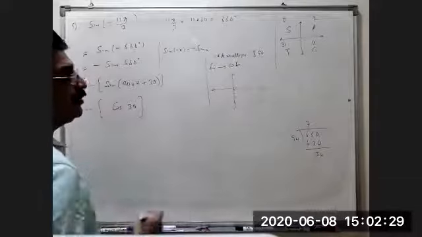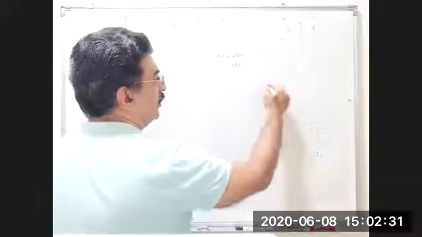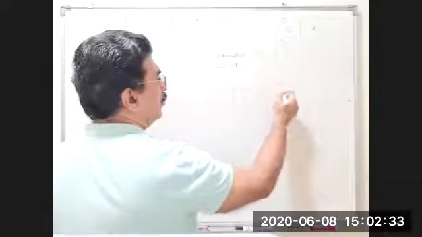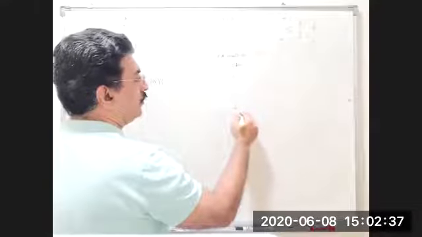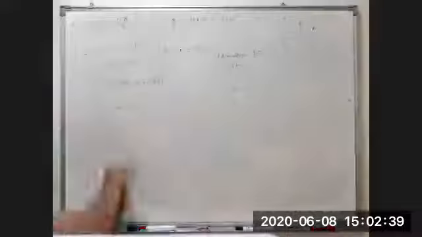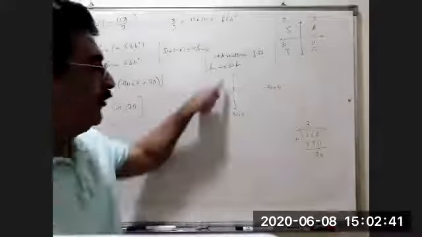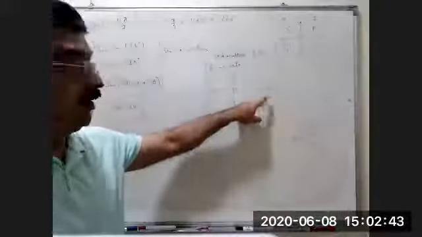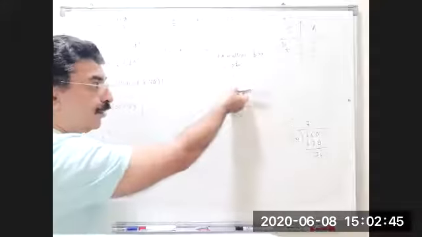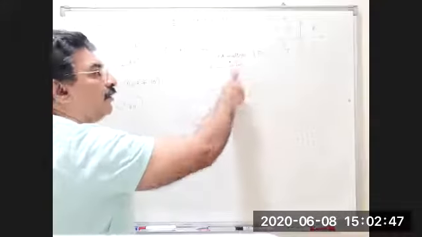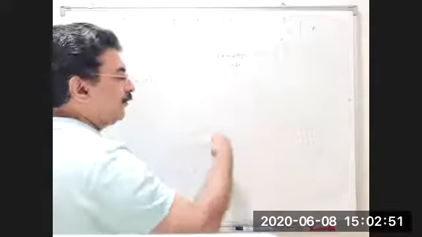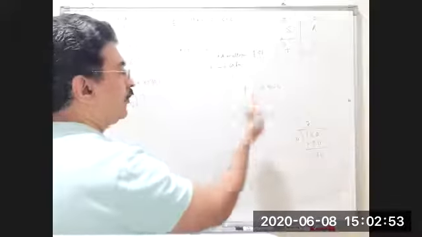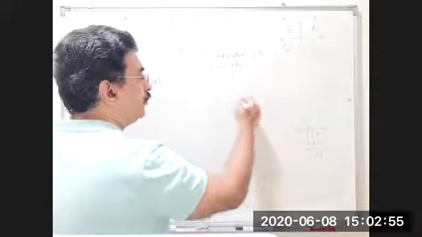Now 90 times 7: 4 times comes to the starting point, again positive direction, 5, 6, 7, so coming down. Plus 30 means again quadrant 4. This is 30.